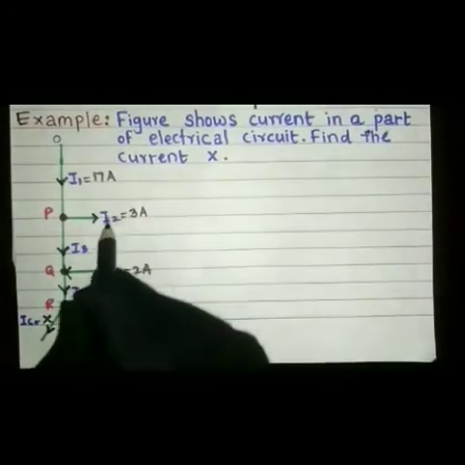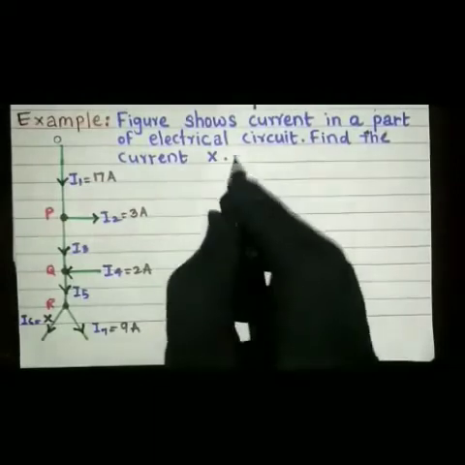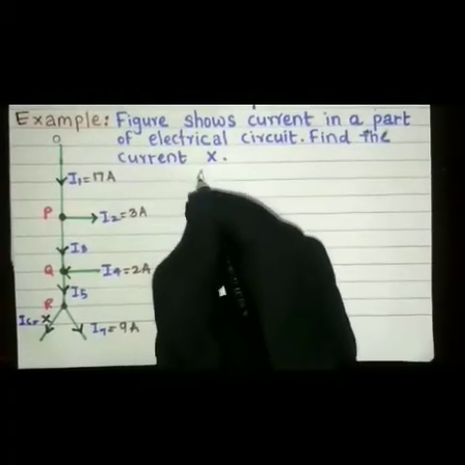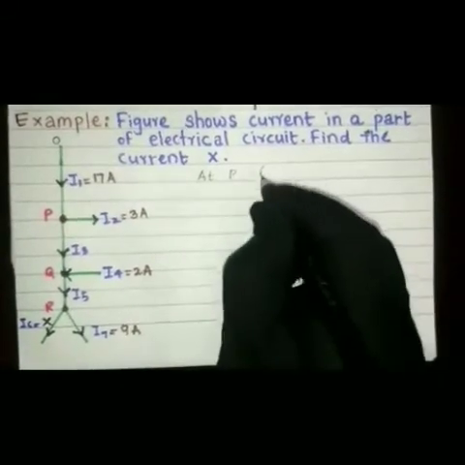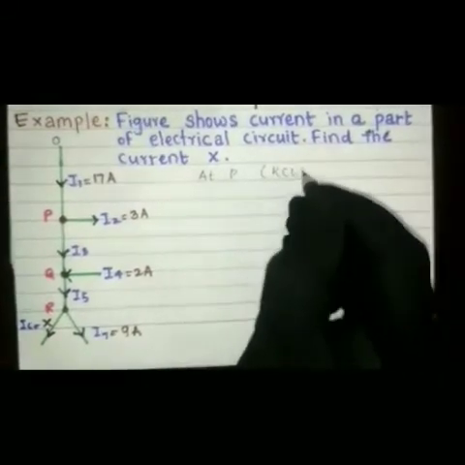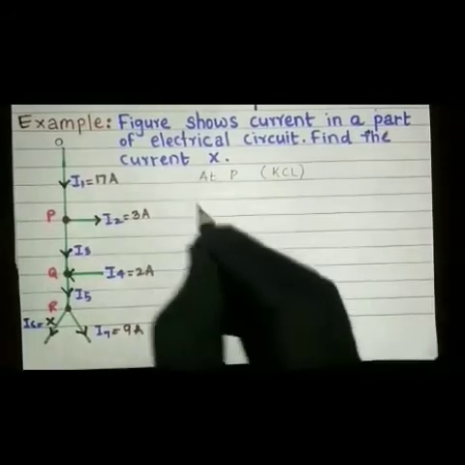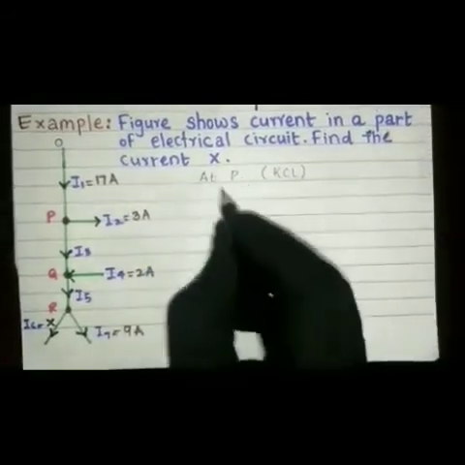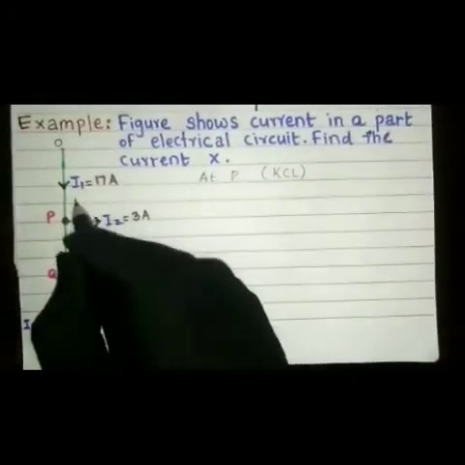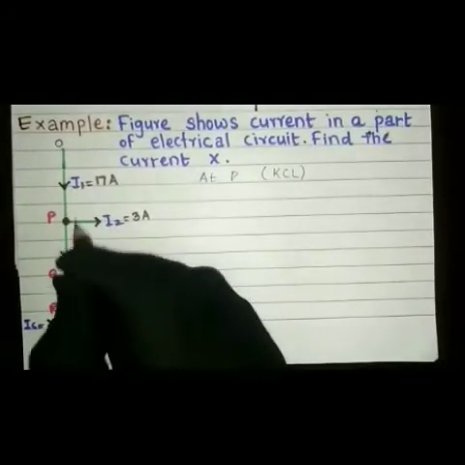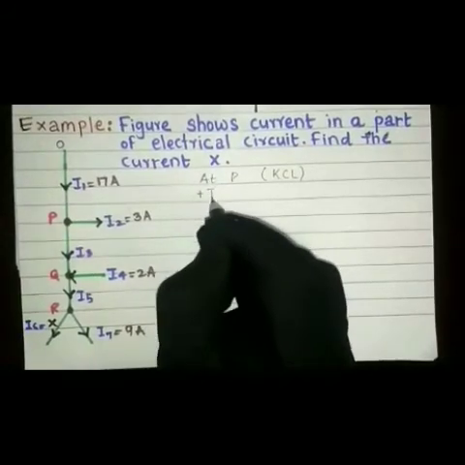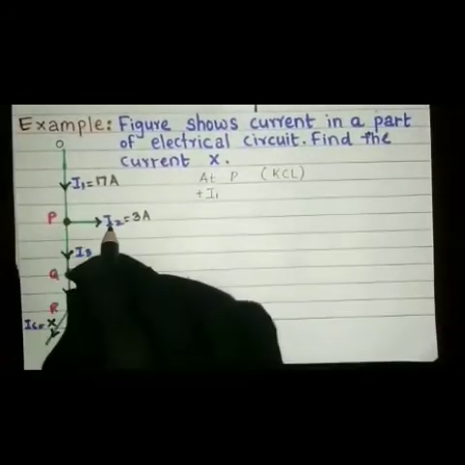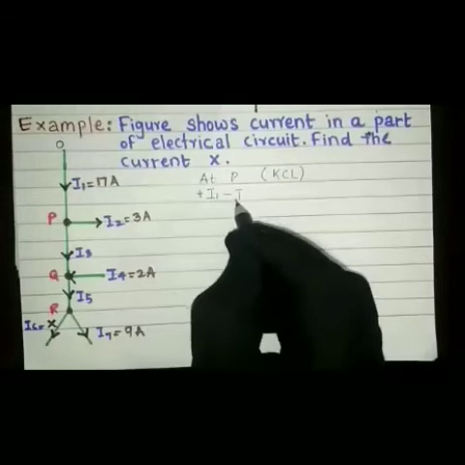So just apply Kirchhoff's first law at junction P. Here we are going to apply KCL, that is Kirchhoff's first law. According to Kirchhoff's first law, we have to see the direction of the currents. I1 is towards the junction, so it will be positive. Then I2 is away from the junction, so it will be negative.